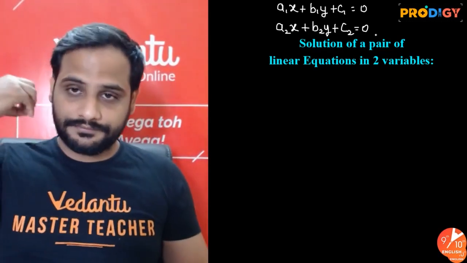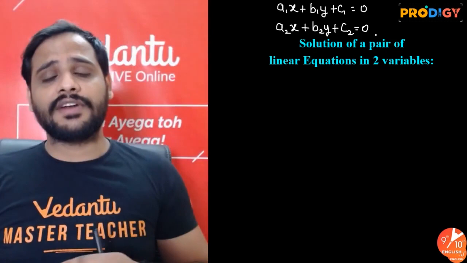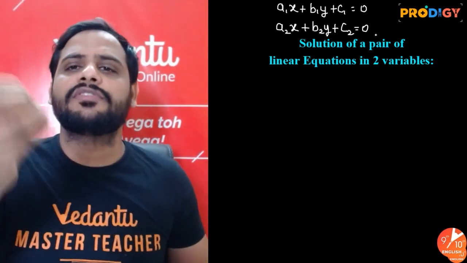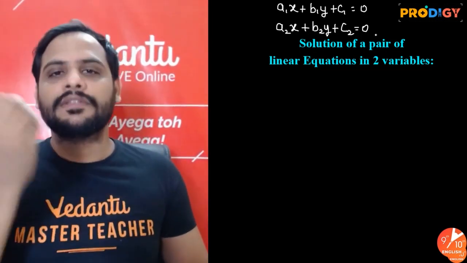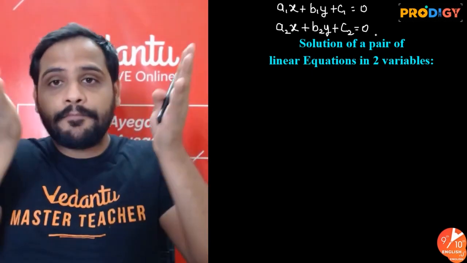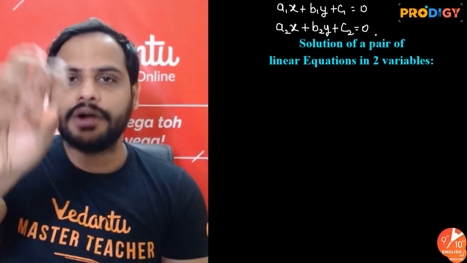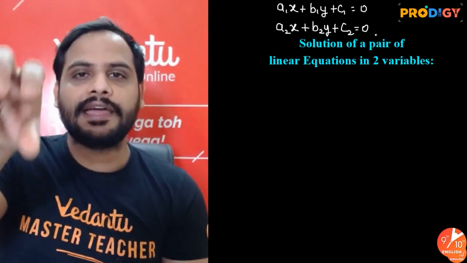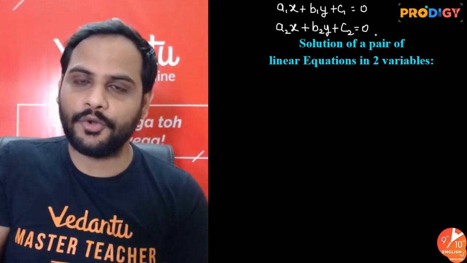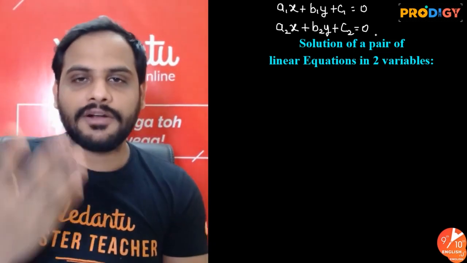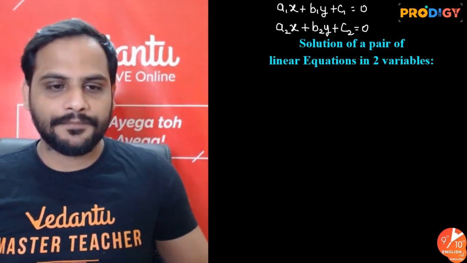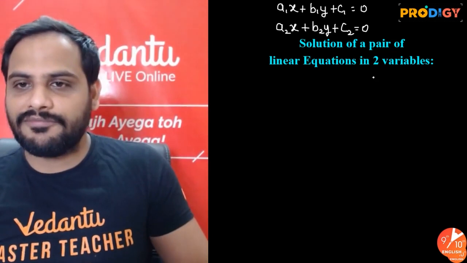Alright, so out of those infinite solutions, suppose I write 3 solutions for the first one and 3 solutions for the second one, and plot the graph of both the lines on the same graph, what can happen? For example, let's say I plotted the graph of both the lines.